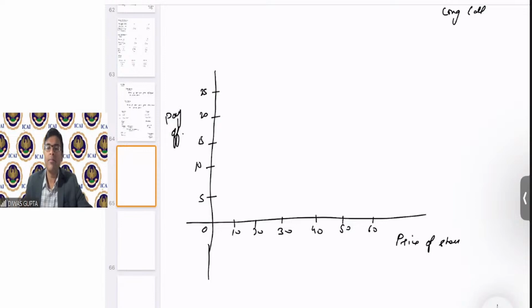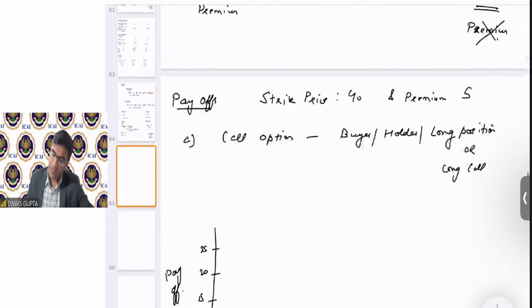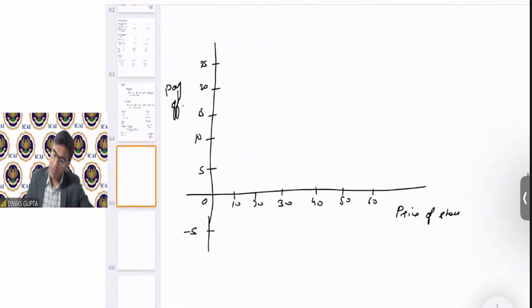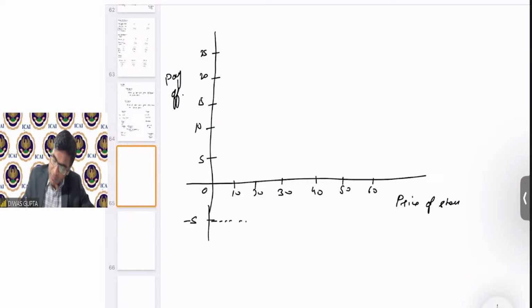Till the time the price of share is below 40, the person who is holding that call option will suffer a loss equal to the premium. Premium is how much? 5 rupees, right? So that person will be suffering the loss till 40, right?